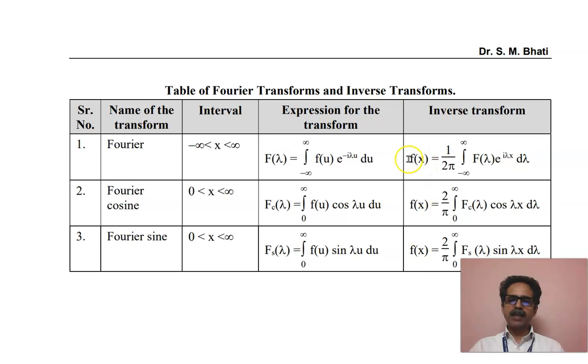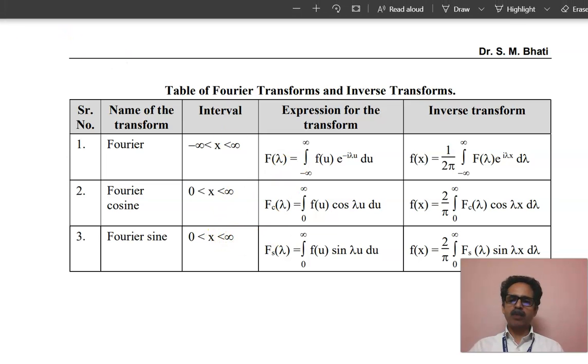This f of x stands for the inverse Fourier transform of capital F lambda, while this f of x stands for the inverse Fourier cosine transform of capital Fc lambda, while this f of x stands for the inverse Fourier sine transform of capital Fs lambda. So these are the six formulas, and we have to make use of them effectively as per our requirement.